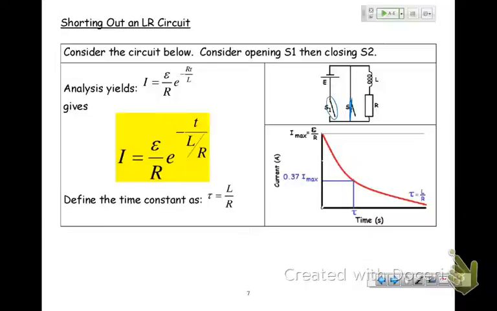And we get I equal to, again, the maximum value modified by this guy. Again, discharging the capacitor is like de-energizing the inductor. And like before, what are the good questions I can ask you? What is the time constant? What is the value of the current at this particular time given these circuit conditions? So just expect it.